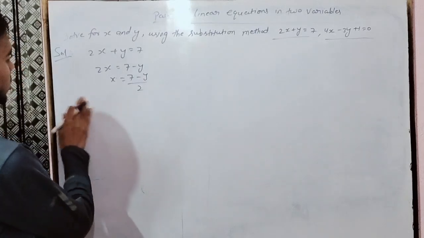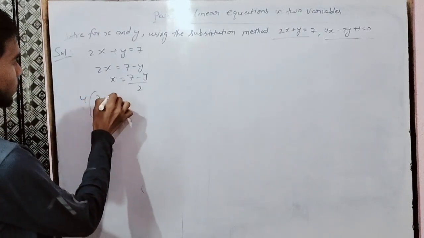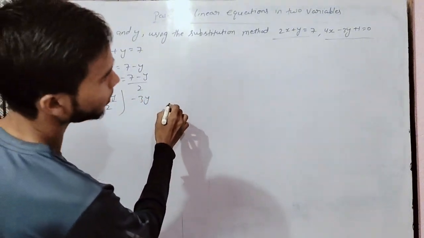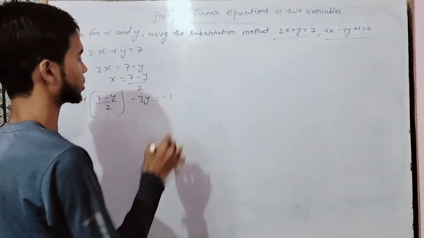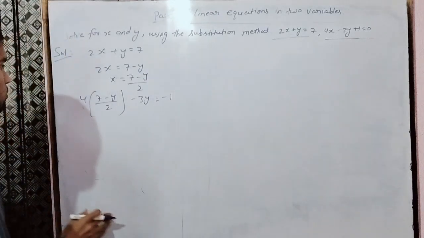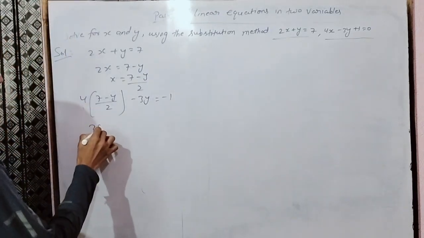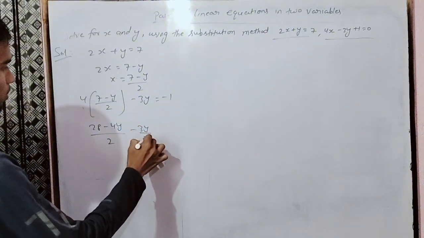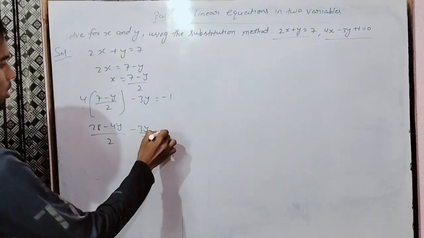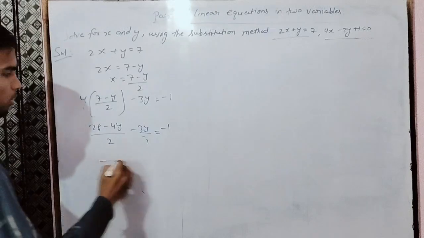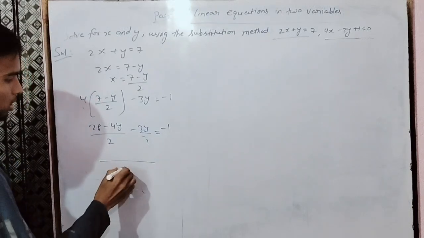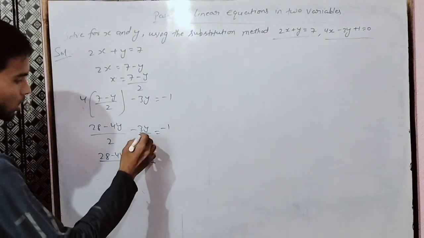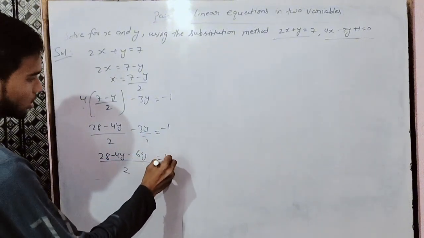So 4 times 7 minus y upon 2, minus 3y, minus 1. So 28 minus 4y upon 2 minus 3y upon 1 minus 1. From here, 2 will cut, so this will be 2. 3 2s are 6y minus 1.